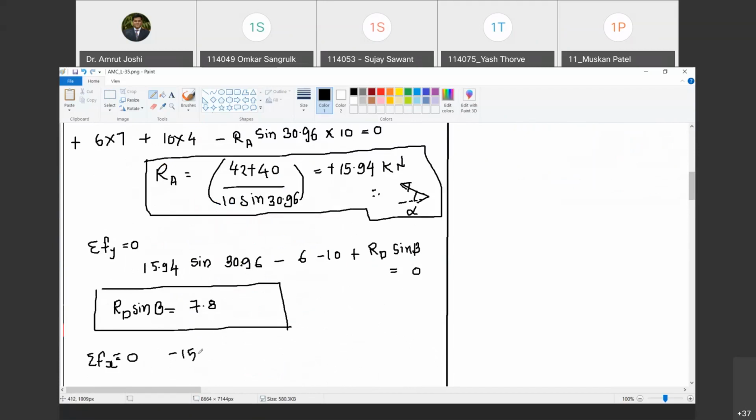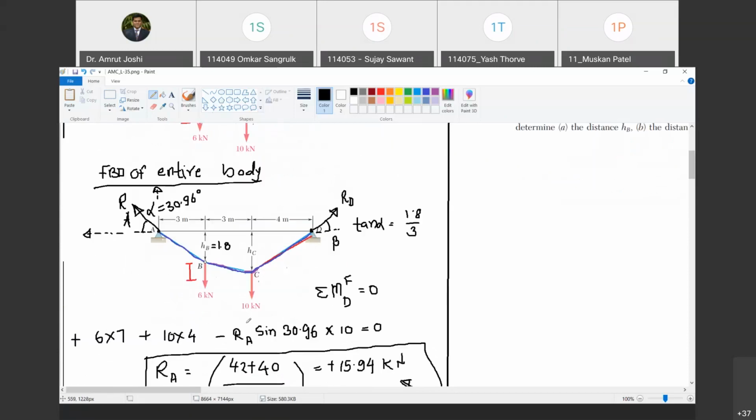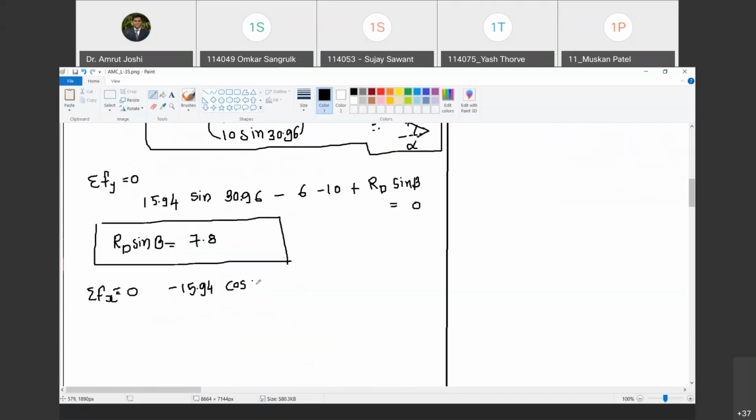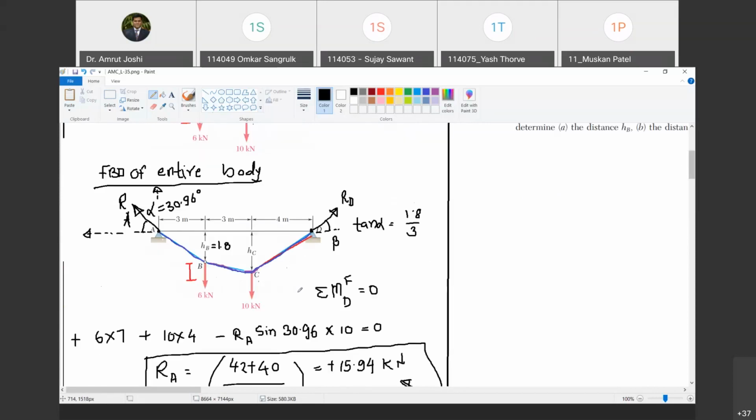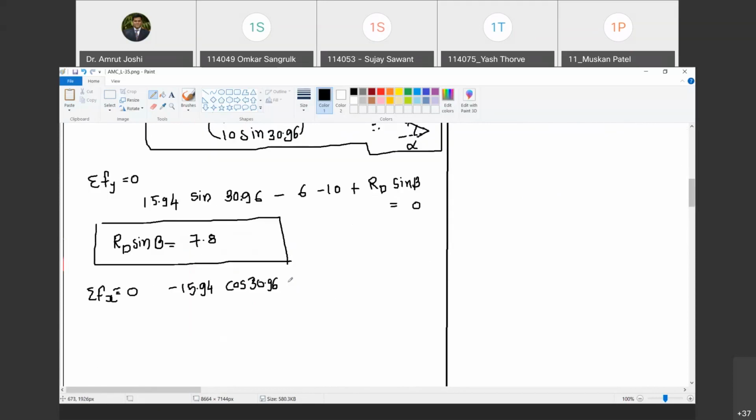Minus 15.94 into cos of, tell me, 30.96. Happy? Yes, sir. Plus RD cos beta. Happy? This must be equal to 0.